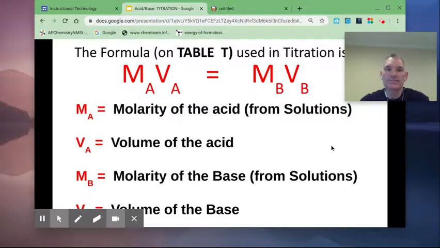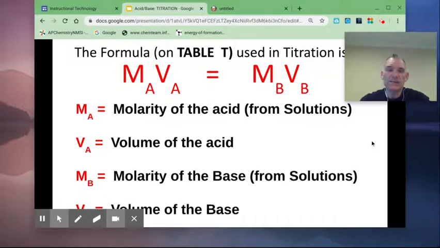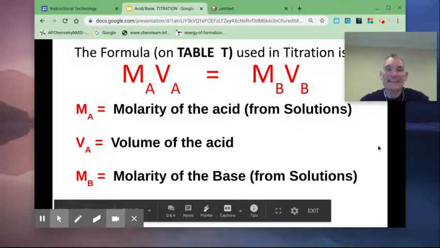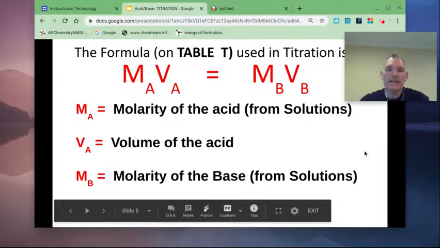That was our molarity. VA is the volume of acid, which could be either in milliliters or liters. If the first volume is in milliliters, the second volume would have to be in milliliters unless they say otherwise. And then we have our base units, MB, molarity of the base, and VB, which is the volume of the base.